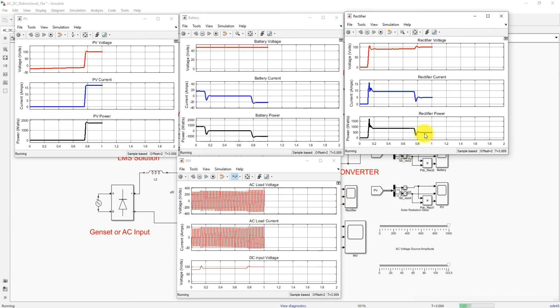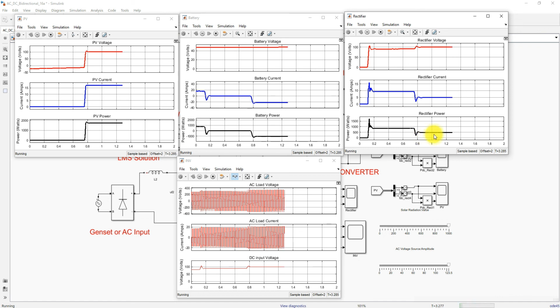Here you can see that the sharing of the generator set decreased to 500 watts, because PV is generating some power.